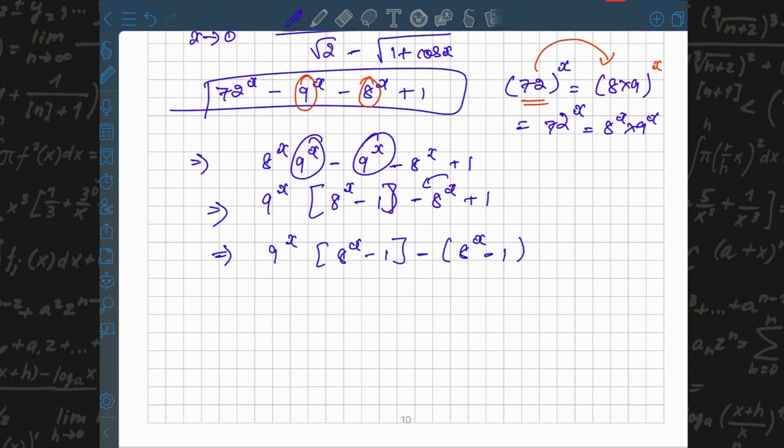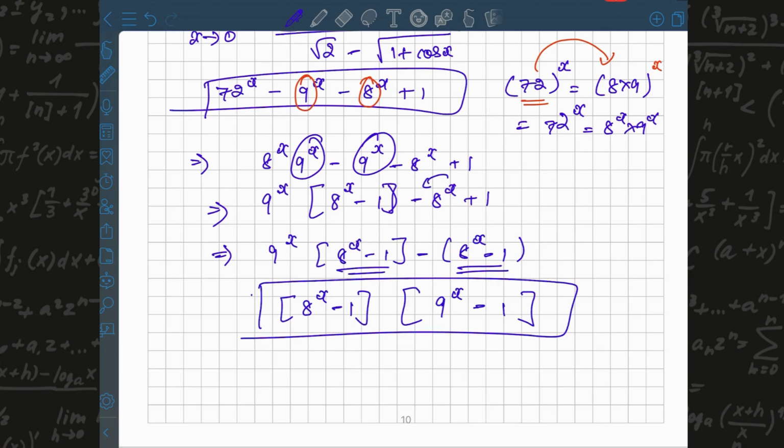So you can take 8^x minus 1 as common, and you will be getting (8^x minus 1) times (9^x minus 1). So we have successfully simplified this. This is the simplified format.